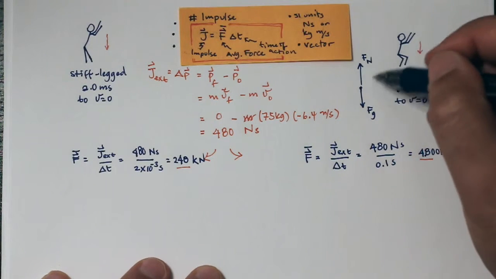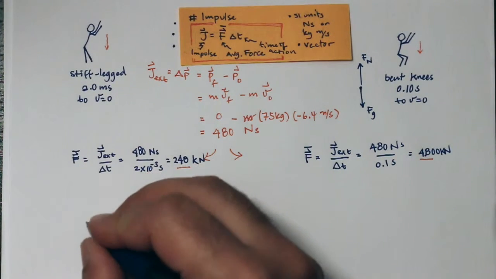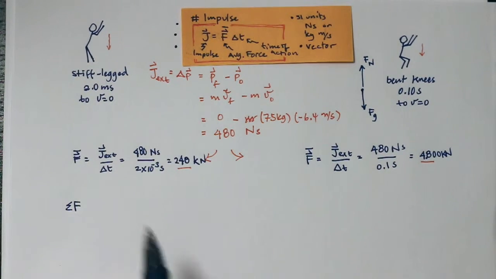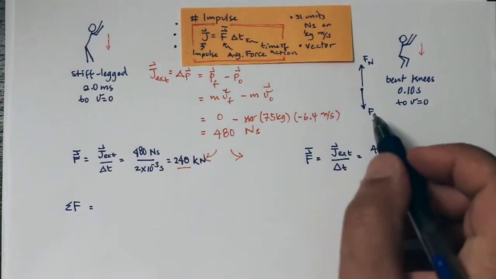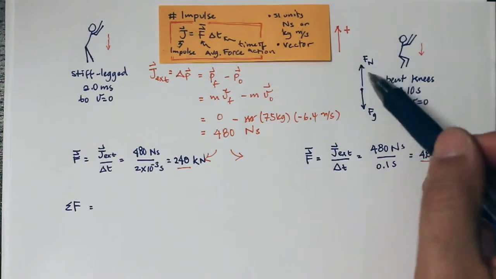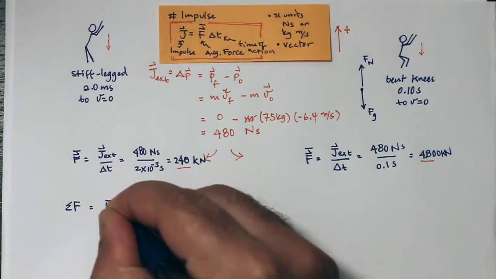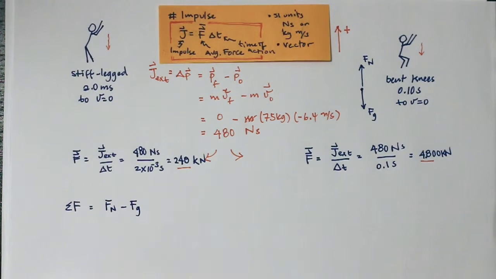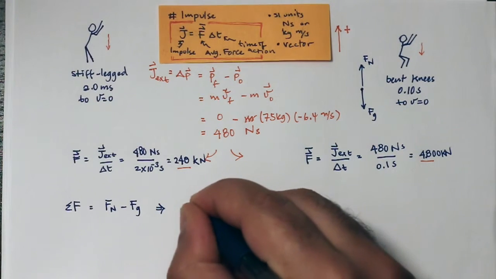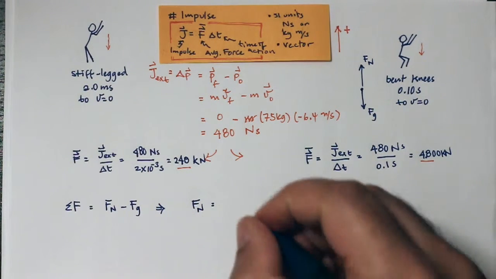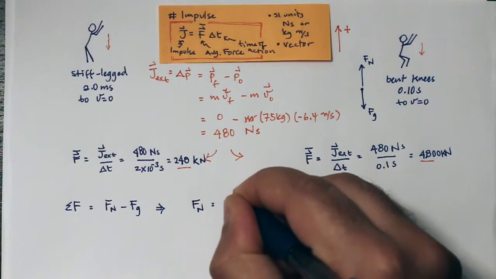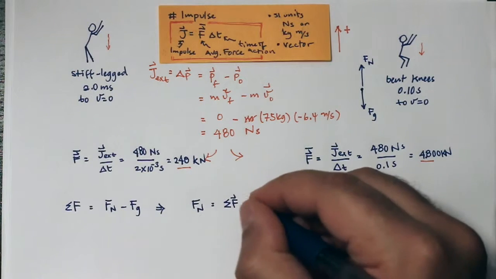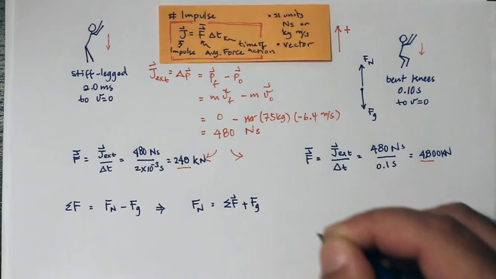So if I just want to find the normal force, then I would say that the net force, which I've just calculated in both cases, is equal to what I decided was positive is up. So that's the normal force minus the force due to gravity. And from that, I know then that the normal force is going to be equal to the net force plus the force of gravity.